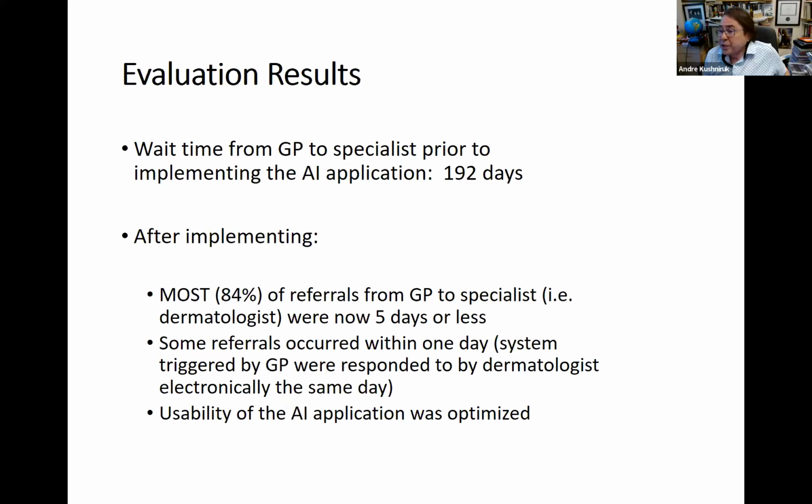The wait time from the GP to the dermatologist before doing this was 192 days. After implementing this, most referrals went from the general practitioner to the specialist in 5 days or less. Some referrals occurred on the same day because they hit the send button and it immediately went to the dermatologist who reacted to it. We also optimized the usability of the AI application.